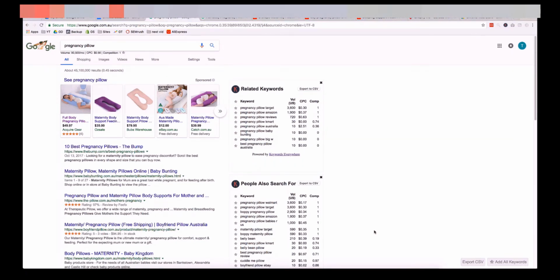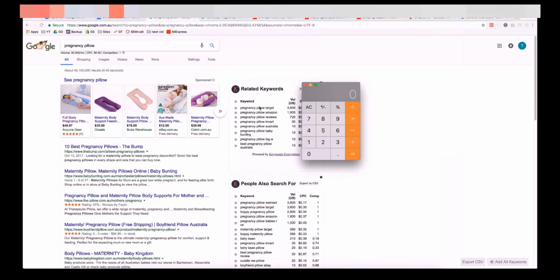What I recommend you do is take the average price of the top 5 positions. So I'm going to add all these prices up and then divide by 5 to get the average. So 49.97 plus 35 plus 79.95 plus 12 plus 39.99 equals 216, divided by 5, so $43.